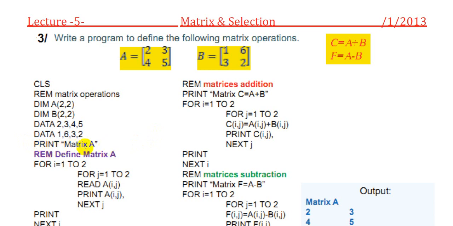Print matrix A here, print counter, double comma, matrix A, rem define matrix A, and for I equals 1 to 2, for J equals 1 to 2, and read AIJ. As you can see for the NM, AIJ will be replaced, we're switching I and J exactly in the same manner. Print AIJ and next J in the same manner.